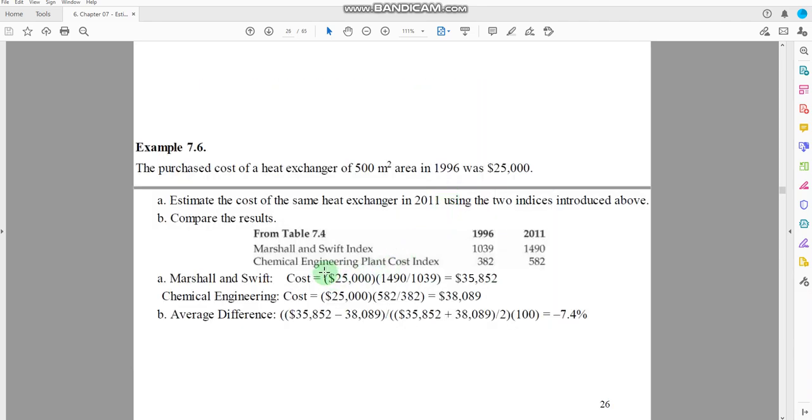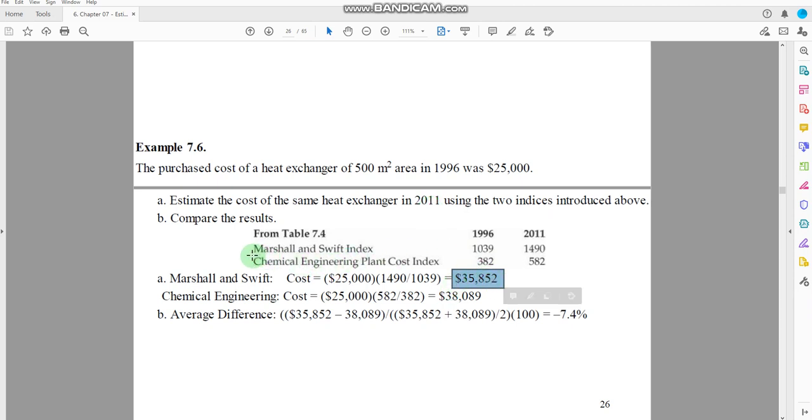So for the cost of the heat exchanger, we take the cost index for the year that we are going to evaluate, that is 2011, divided by the cost index of the year in which the price is provided, that is 1039. So we can have this value. According to Marshall and Swift, the cost of the same heat exchanger in 2011 would be $35,852.